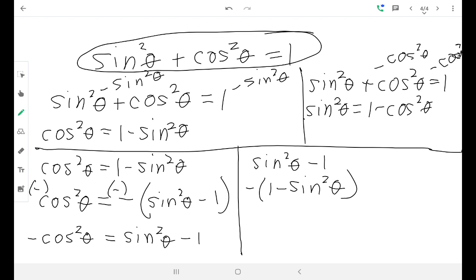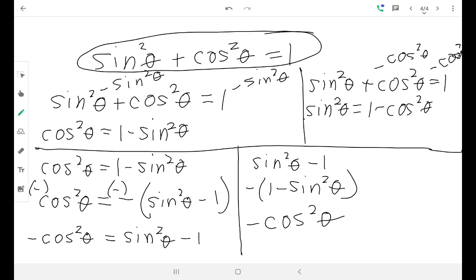And since this right here is equal to cosine squared theta, as has been noted up there, then this must be negative cosine squared theta.